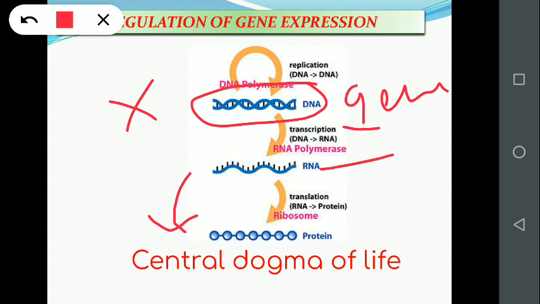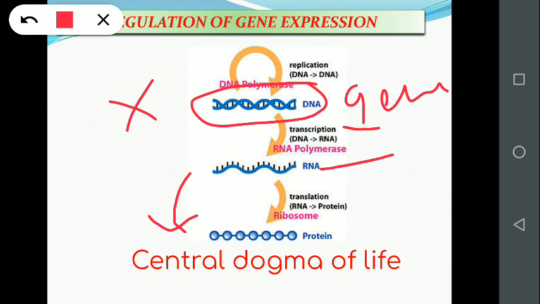In the previous videos we have learned about the entire process of translation, where we have four different stages: first stage is activation of amino acid, second stage is chain initiation, then chain elongation, chain termination. All these stages come under the translation process, in which from mRNA a particular polypeptide chain will be synthesized. So that is translation.